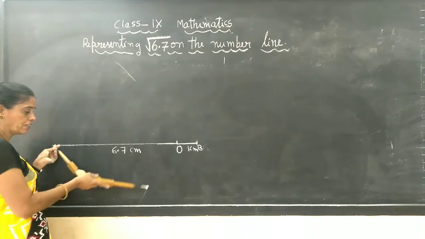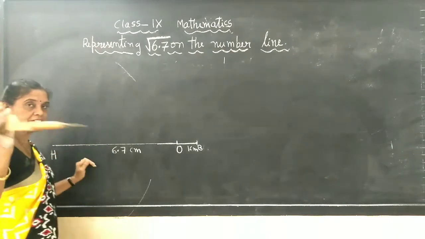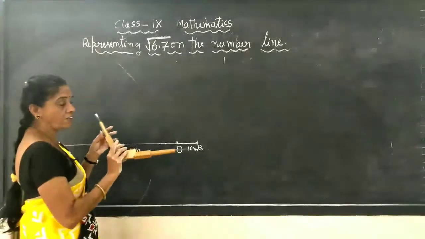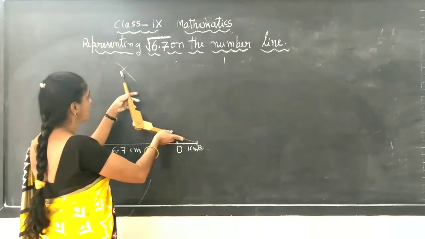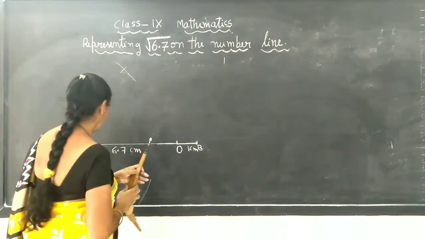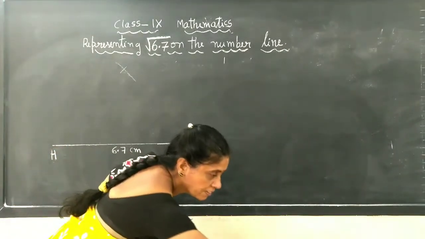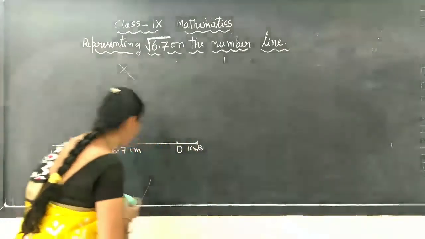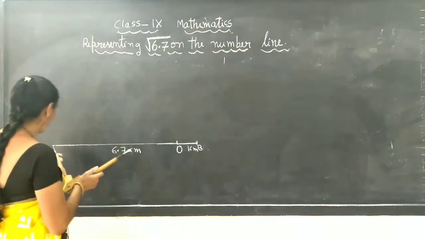Take the same radius, keep it at point B and draw. I will take it a little smaller because it will go outside the blackboard, so that it will cut at the top.